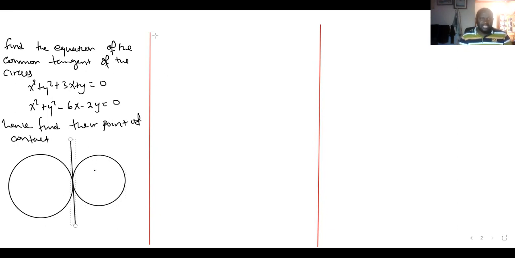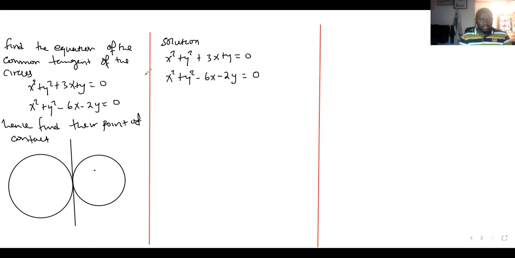So to find their common tangent, we said we solve them simultaneously. Okay, so how do we solve simultaneously? x squared plus y squared plus 3x plus y is 0. Then we have x squared plus y squared minus 6x minus 2y is equal to 0.